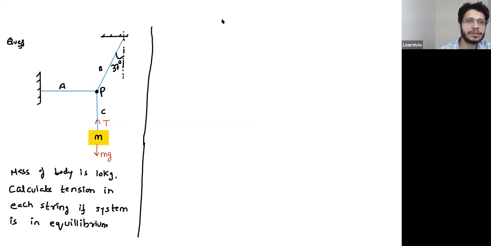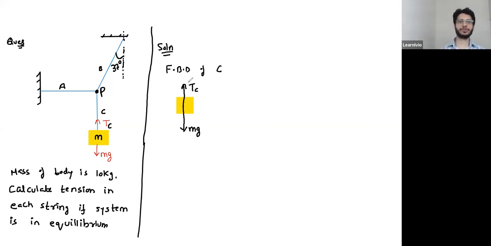So let's draw the FBD of mass M. I call this tension TC because the name of this string is C. In the FBD, this is mg, which is acting downwards, and this is TC, tension, which is acting upwards.